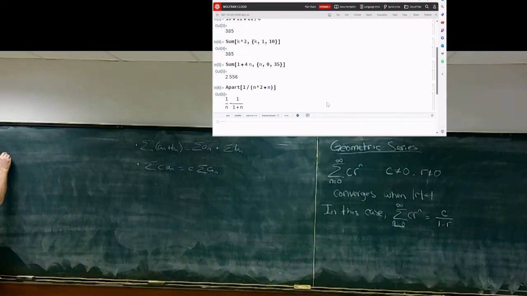So the nth partial sum, and it starts at 6. Right, n equals 6 to infinity was the sum.